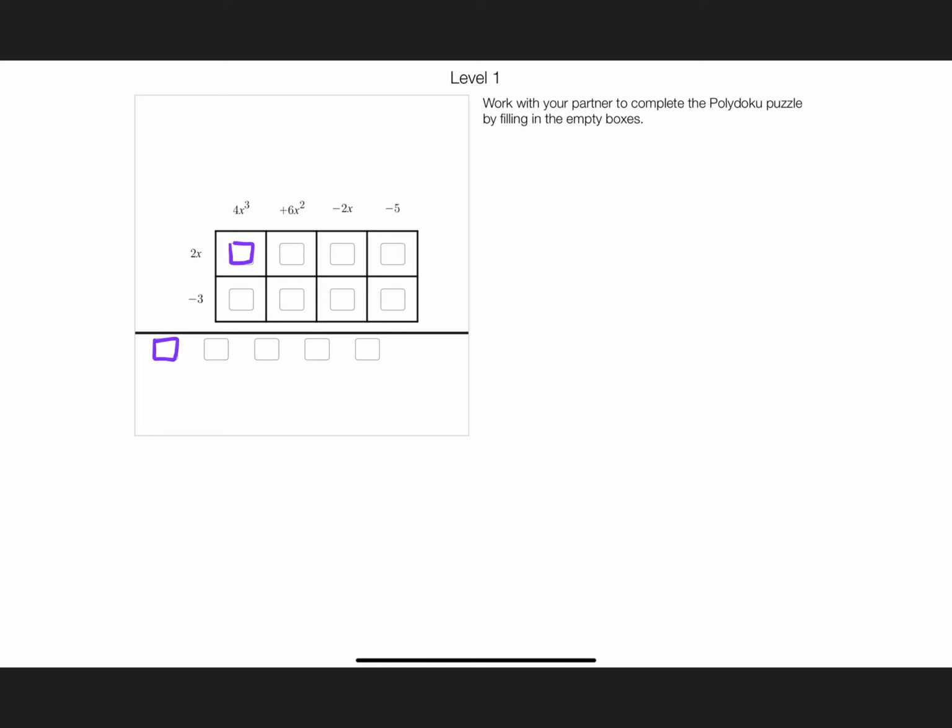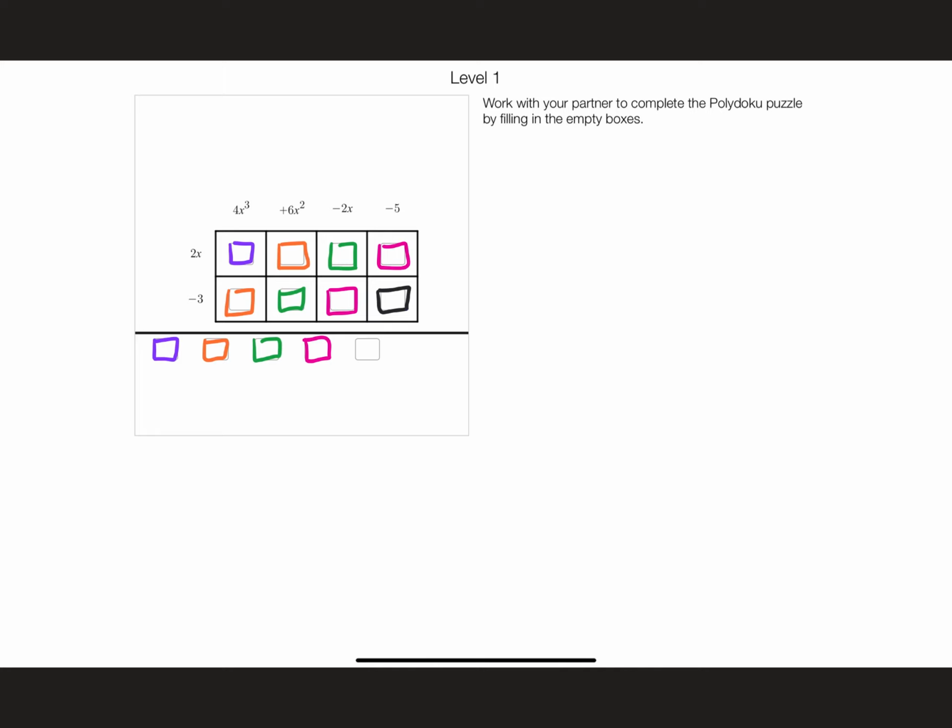I'll just put in whatever colors I want here. We'll do these in orange. And that tells you where the like terms are, right? So anything you see that has the same color ends up being a like term. We'll do these ones in pink. And then this last guy we'll just do in black.